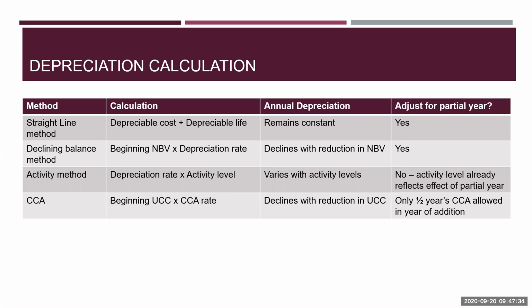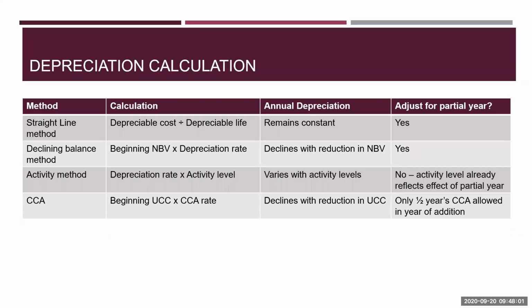Declining balance method, we look at our beginning net book value and multiply that with the depreciation rate. Now, the depreciation rate is sometimes stated, other times we will have to calculate that. So we take 1 divided by the number of years of useful life to calculate our depreciation rate. In a declining balance method, we could have the single rate applied or the double rate applied.